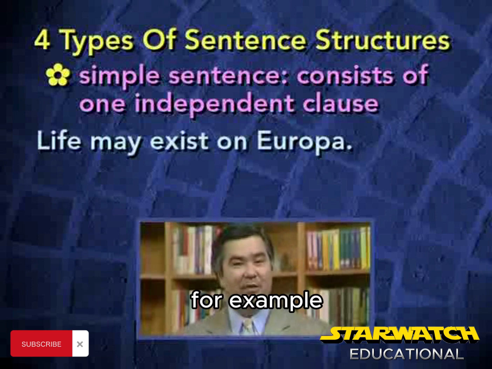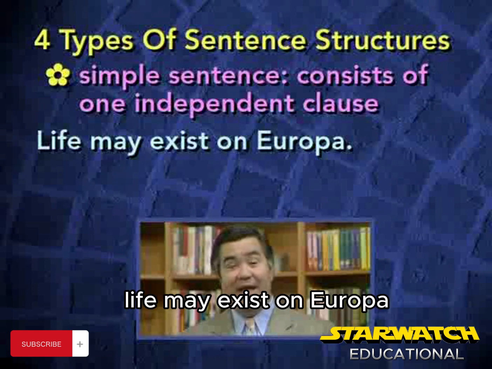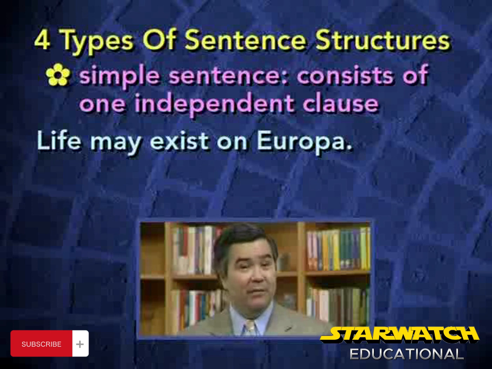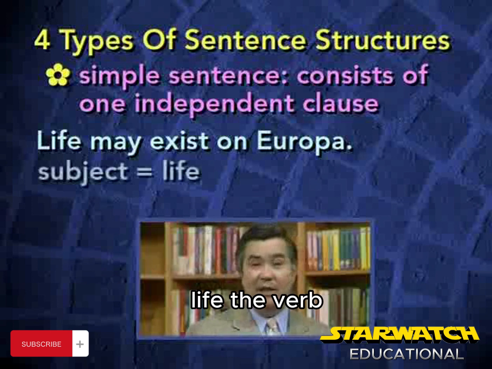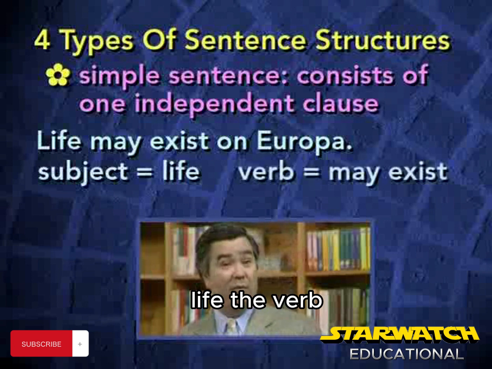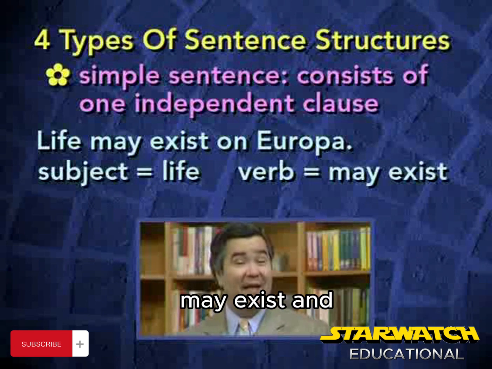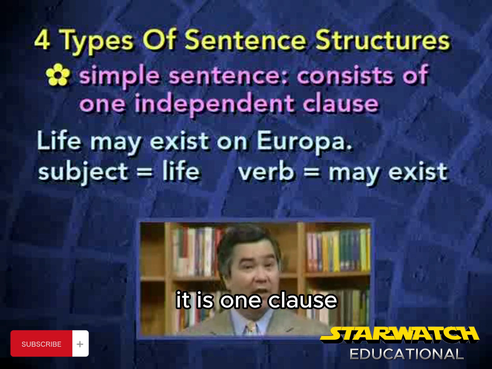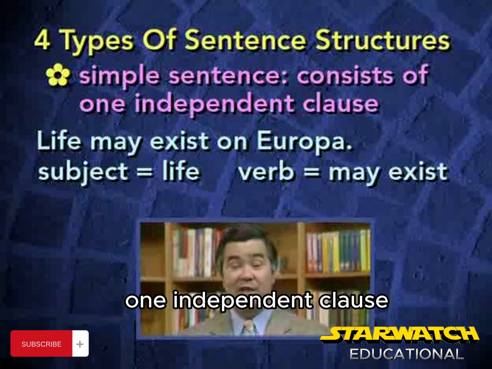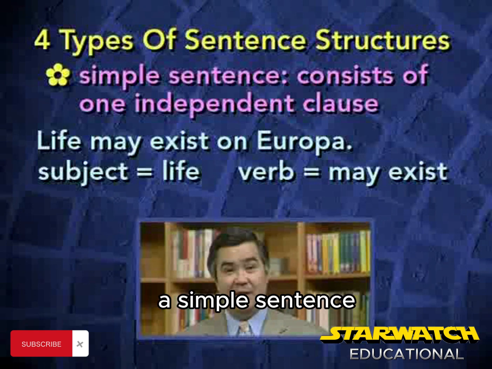For example, "Life may exist on Europa." This simple sentence contains the subject, life, the verb, which has 2 words, may exist, and taken together it is one clause, one independent clause, and therefore a simple sentence.